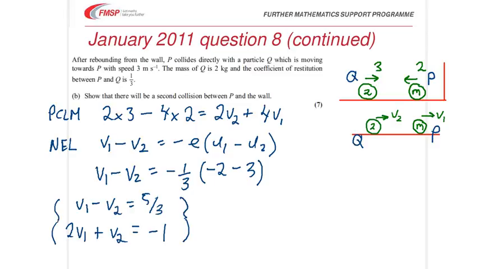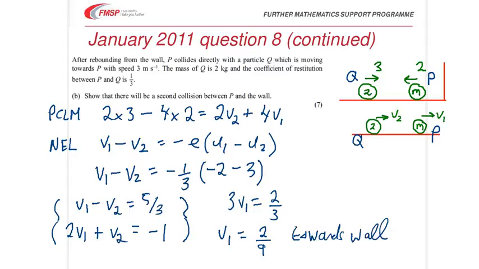And they're quite nice to solve, so we'll get 3V1 equals 2/3, which gives V1 equals 2/9. So V1 is a speed of 2/9, and it's positive, so it's towards the wall. So that shows that P is going to collide again with the wall, because V1 is positive 2/9 towards the wall. And that's it. That's the end of that question.